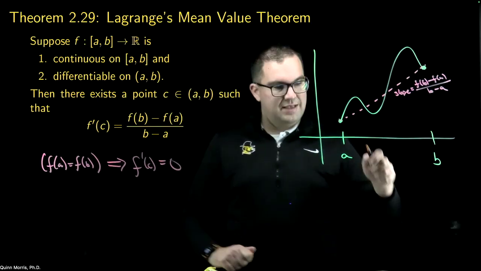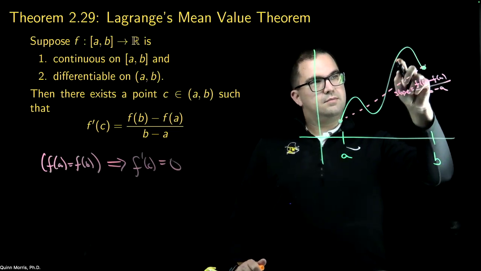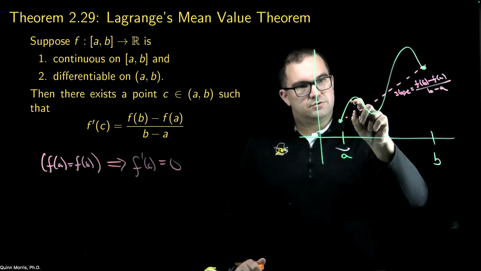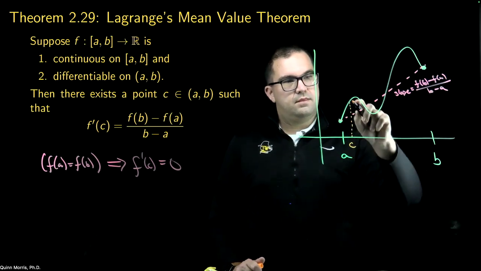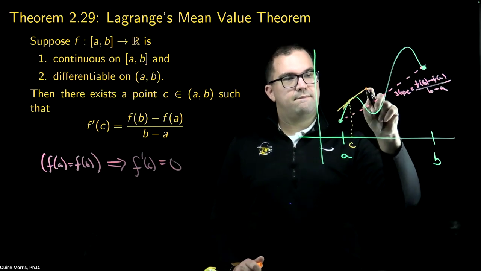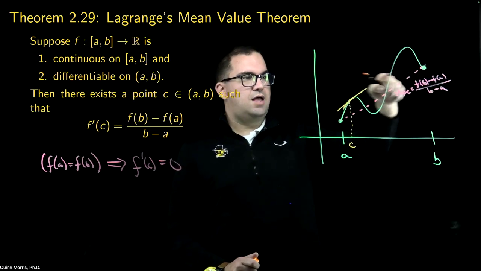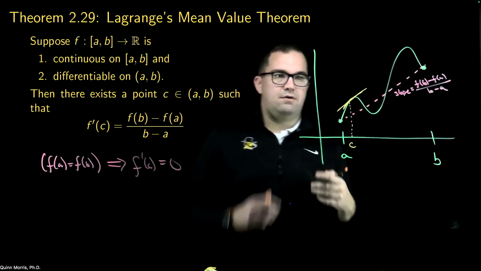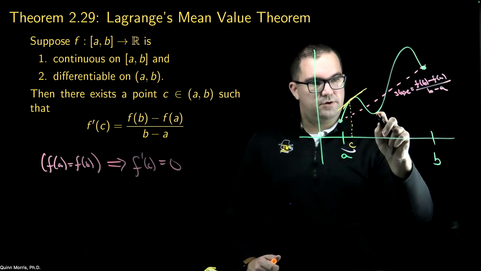What this says is there has to exist some point c, and my drawing skills are not always the best, so let's try, maybe it's about here. There's one. If I were to take the derivative at this point, this tangent line would have the same slope as this. Now, I'm not a great artist, so maybe this doesn't totally look like it. There are actually more points here.